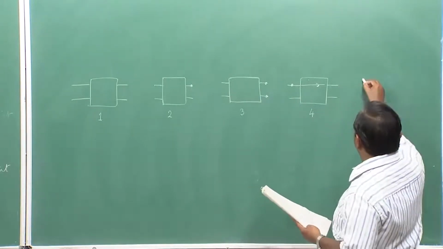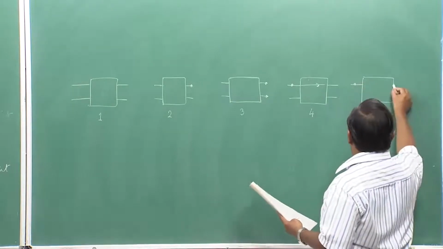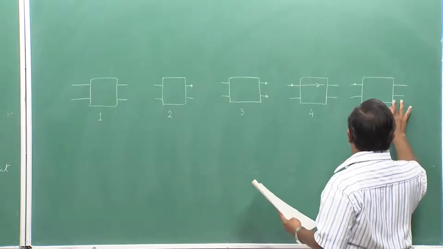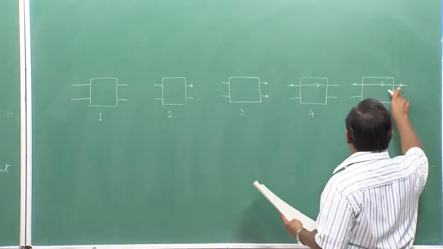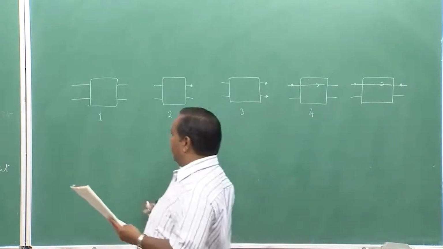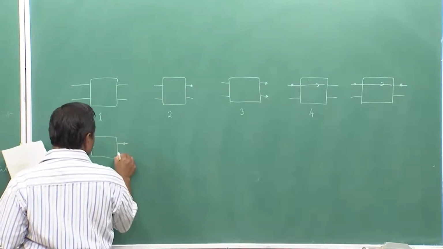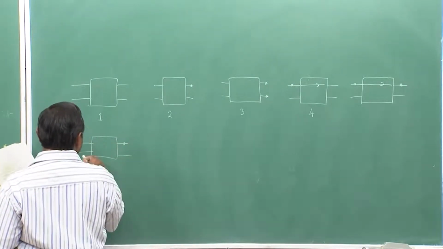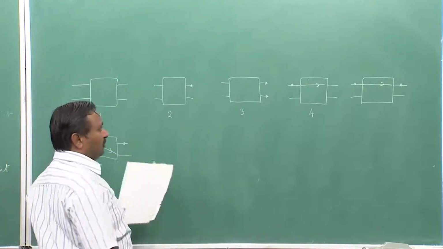Then it is possible to have one input and one output. The packet can be directed to this particular output, or there is a possibility that the packet can be directed to the free outgoing port.